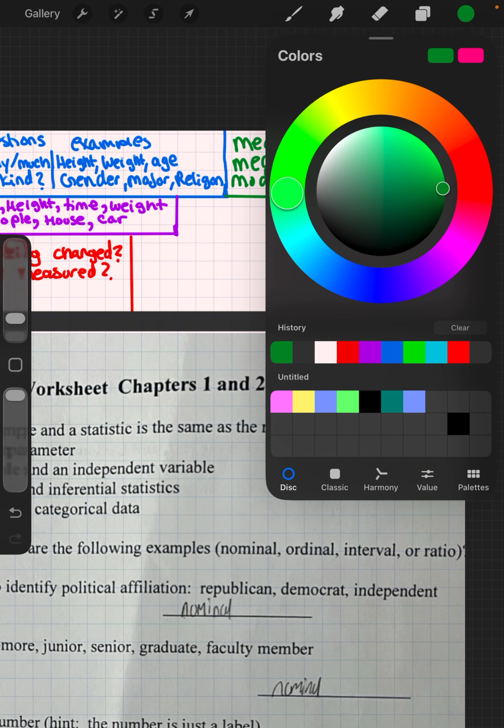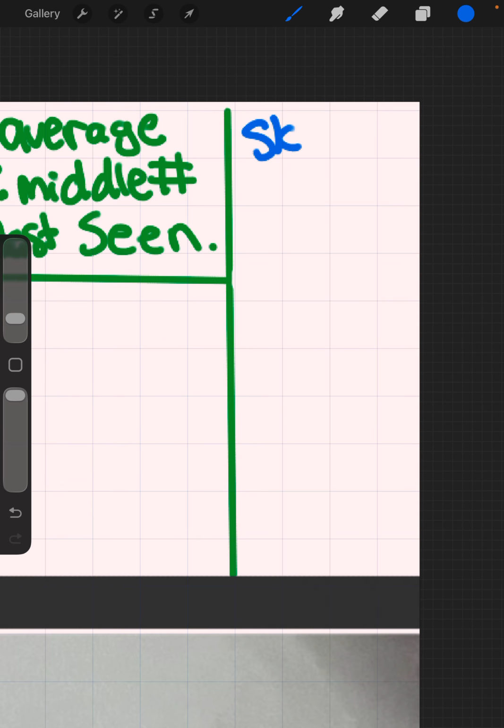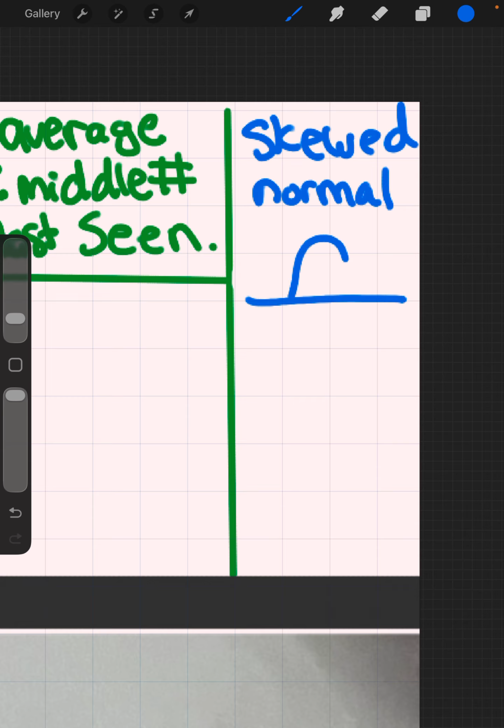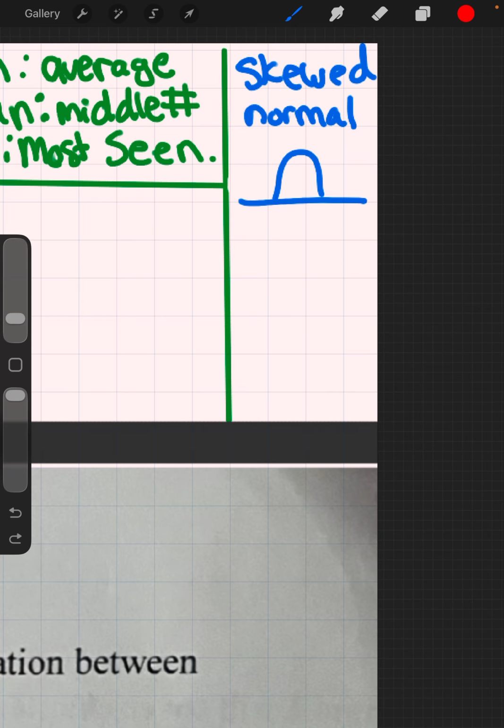Let's talk about skewed. So we have normal. We have negative.